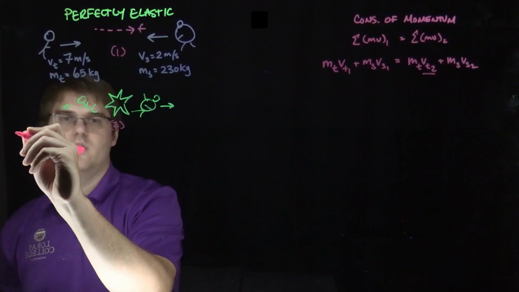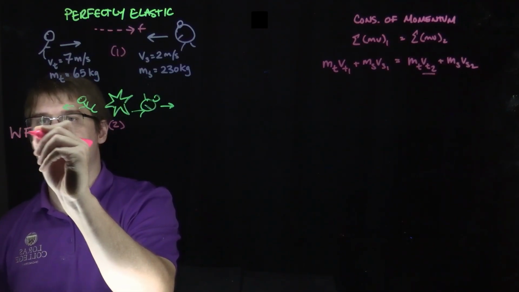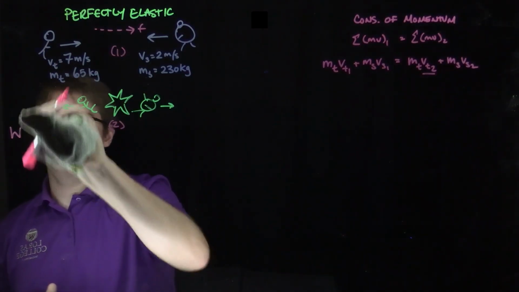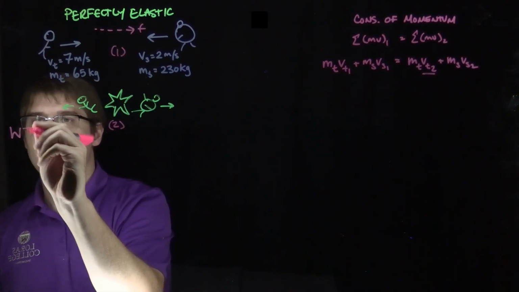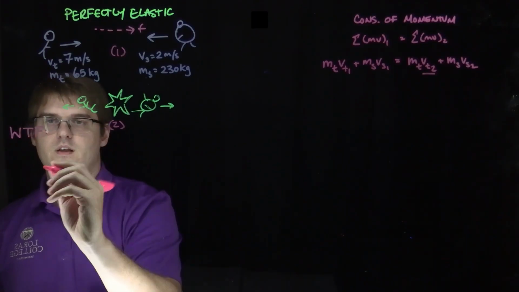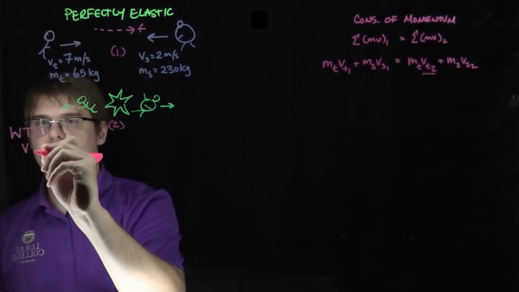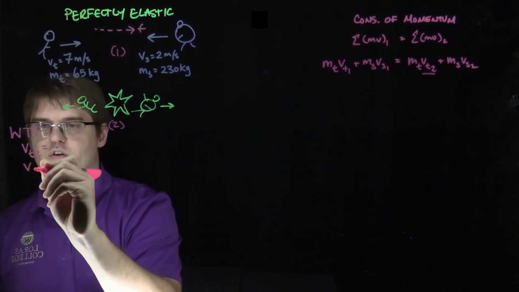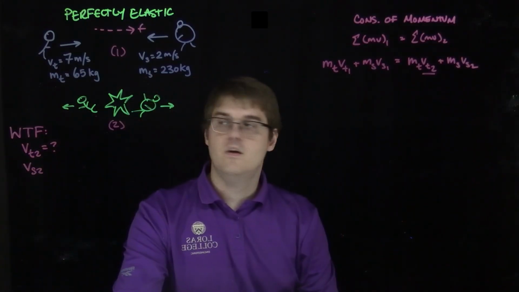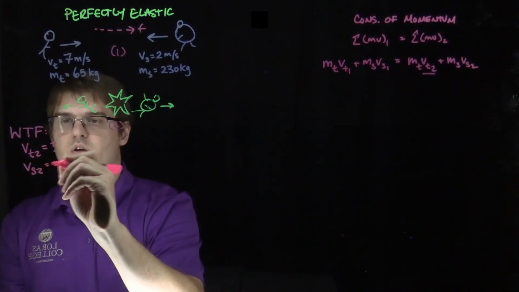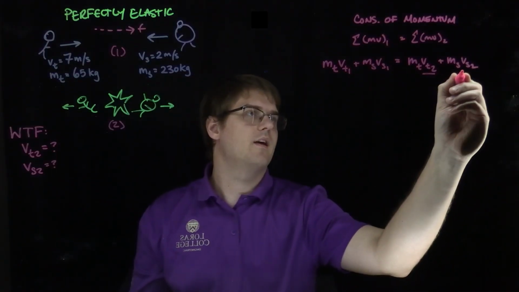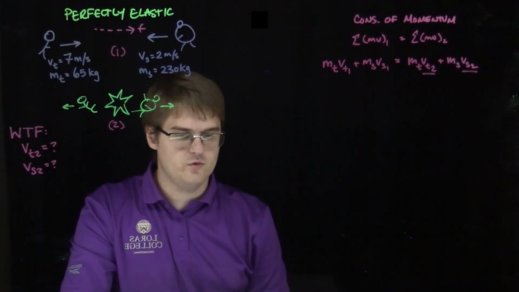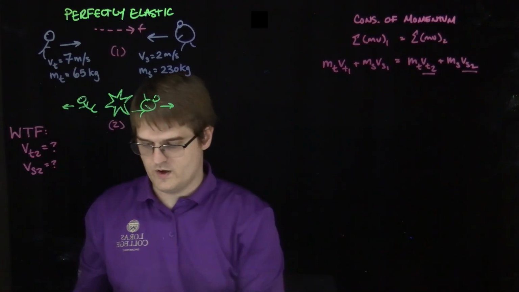In fact, I should be remembering my what-to-find: we want the velocity of our track star at time 2 and the velocity of our sumo wrestler at time 2. So we've got one equation and two unknowns, which means we're going to need another equation.